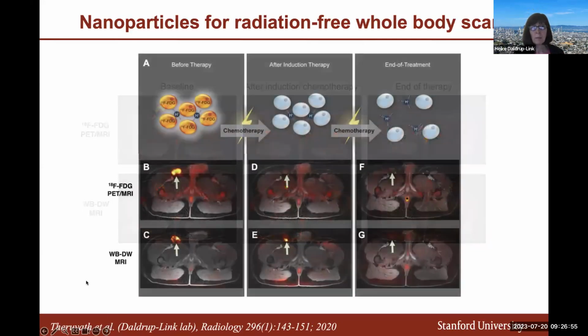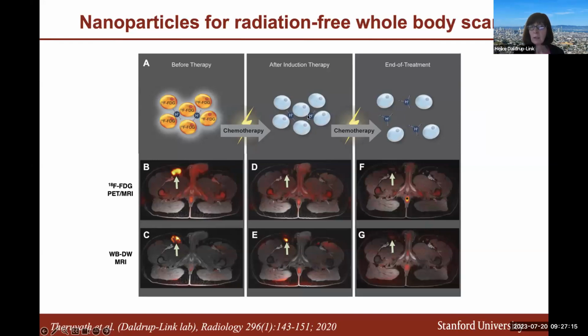So what we see in many of our tumors is that they have a high cell density and high metabolic activity at baseline. And then after induction chemotherapy, we first see a decline in metabolic activity of the tumor if it responds.